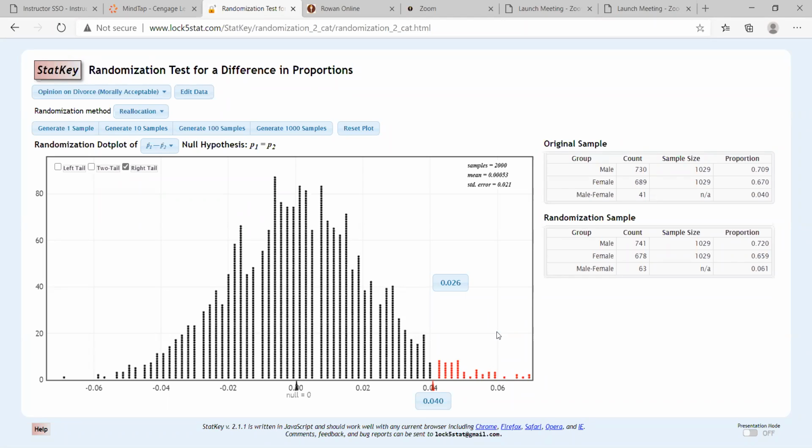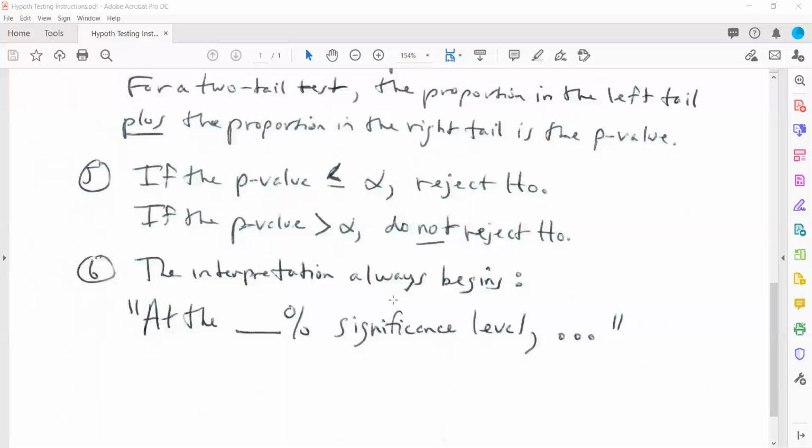That's why in step 6, let's go back to the hypothesis test steps again. Step 6 talks about the interpretation. We always state the level of significance at the beginning of the interpretation, because what comes afterwards depends on what you said before.